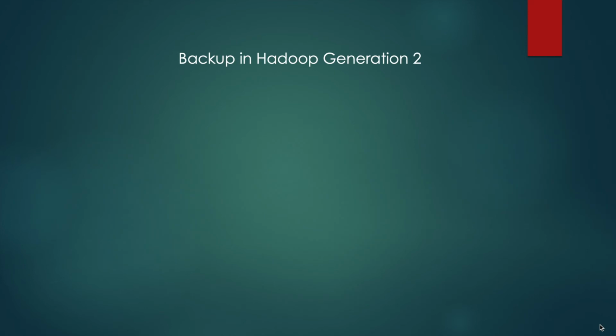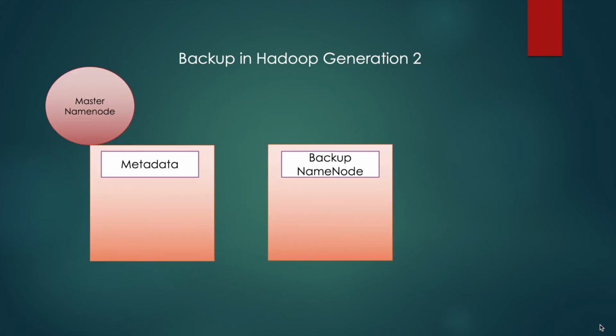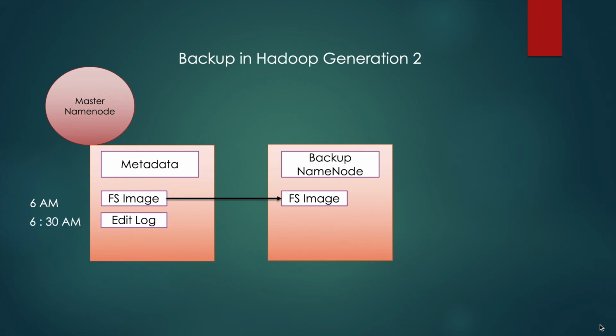Now let us see the backup in Hadoop Generation 2. In a similar way as Hadoop Generation 1, we have the master machine with the name node and metadata, and a backup name node. At 6 a.m., very similar to the backup in Hadoop Generation 1, we are taking the backup of the FS image. At 6:30 a.m., we have an edit log generated at the name node, and at 6:30 a.m. itself, this edit log will be pushed into a shared location.